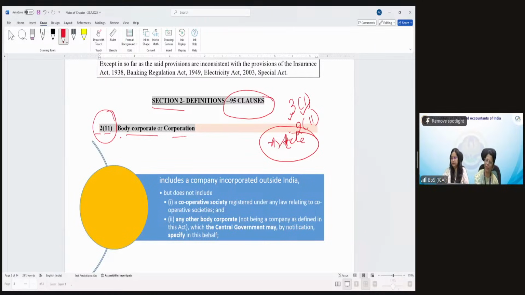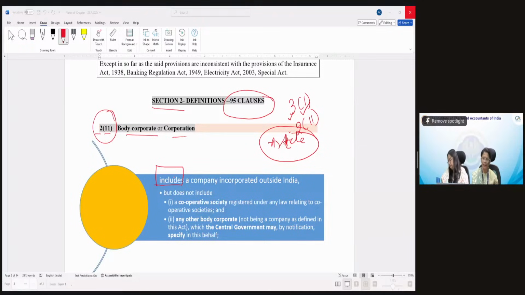You are seeing that body corporate or corporation includes... Those who have gone through the interpretation of statutes, fine, and if not, please read that chapter, because in the definition clause we have used certain words like means, includes, means and includes. Here the term is includes.